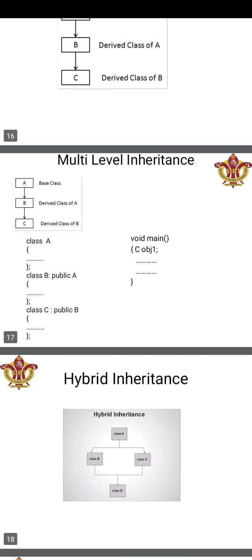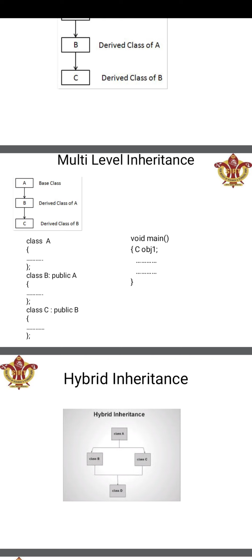So let us take the example of multi-level inheritance. Programmatically, I have mentioned class A, which is the parent class. Now class B is inheriting A, so I will write class B colon public A. Then class C is inheriting class B, so we will write class C colon public B. This is multi-level inheritance.